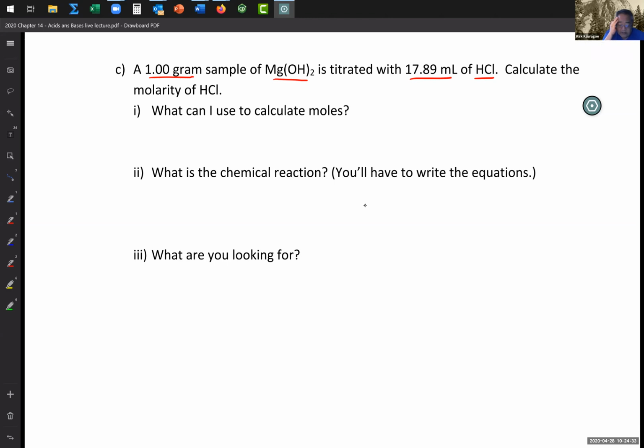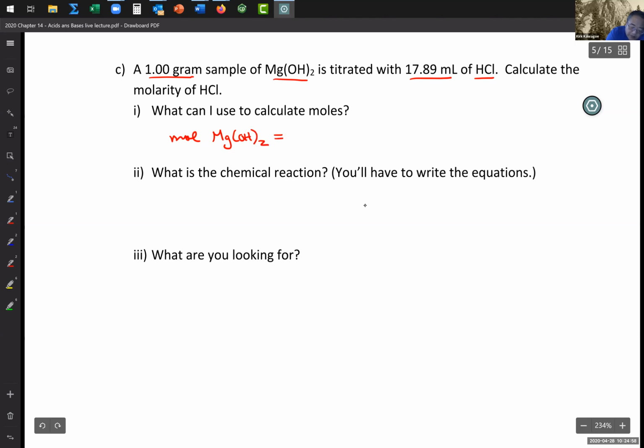And with a volume, you can't calculate moles without the molarity. In fact, it says calculate the molarity of the HCl. So you're going to start with the mass, because from mass, you can get moles if you have the molar mass. So I'm going to say moles of Mg(OH)2.